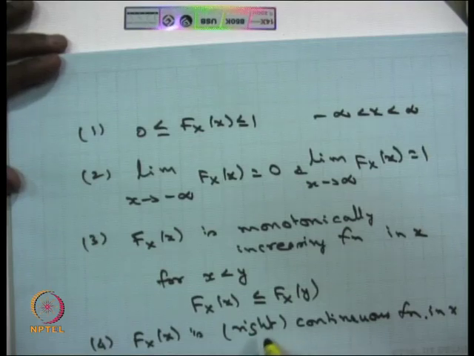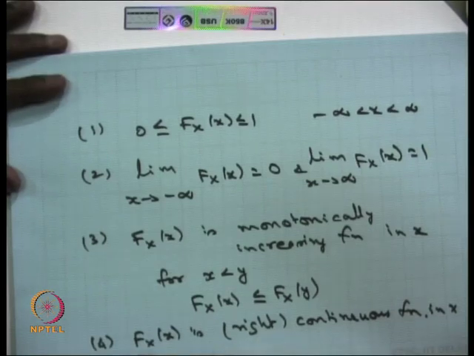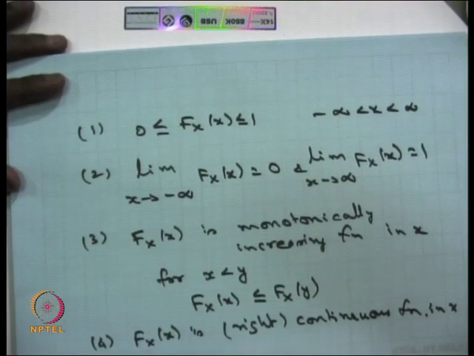That means the left limit exists for any x as well as the right limit exists, and either the left limit is the same as the right limit and the value defined at that point, or the left limit is different from the value defined at that point, which is equal to the right limit. Therefore, the function is called right continuous. So the CDF is either a continuous function or a right continuous function.